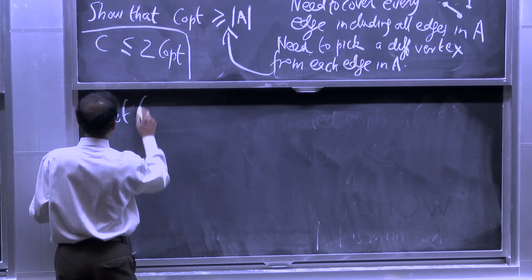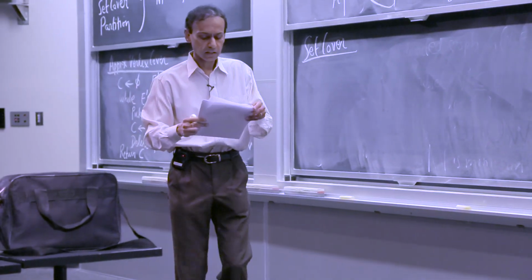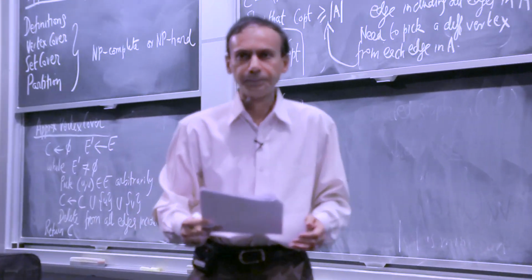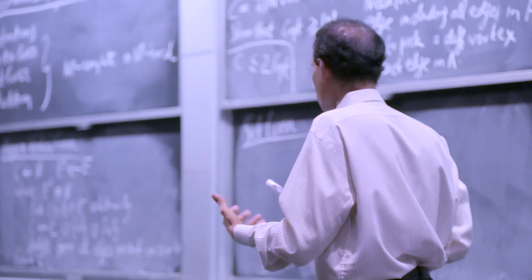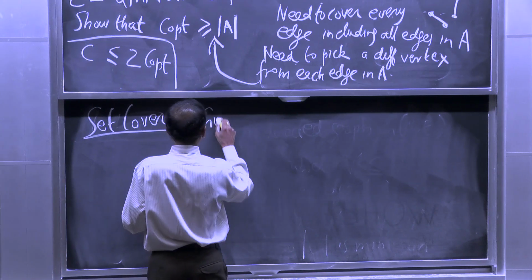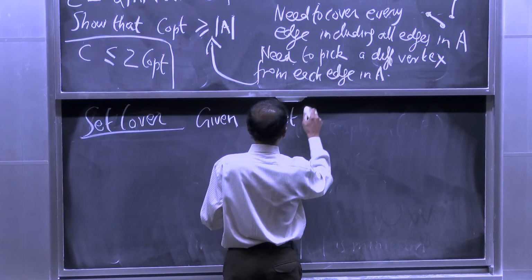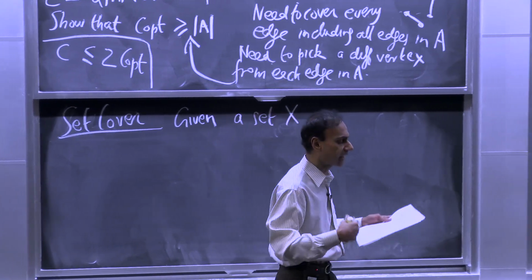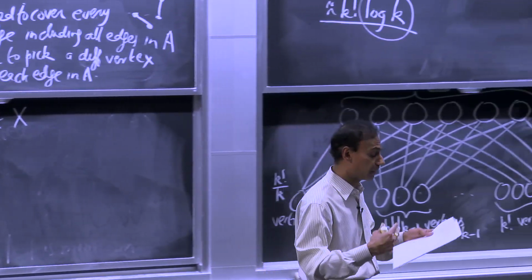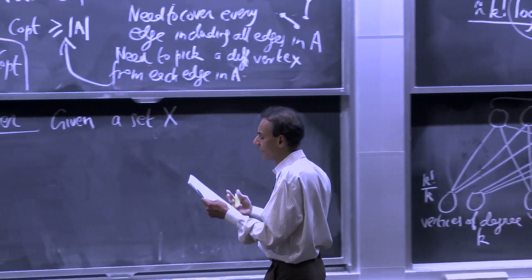So set cover tries to cover a set with subsets, and it's very useful in optimization where you have overlapping sets. Maybe it's schedules, it's tasks, it's people getting invited to dinner, etc. And you want to make sure everybody gets invited.